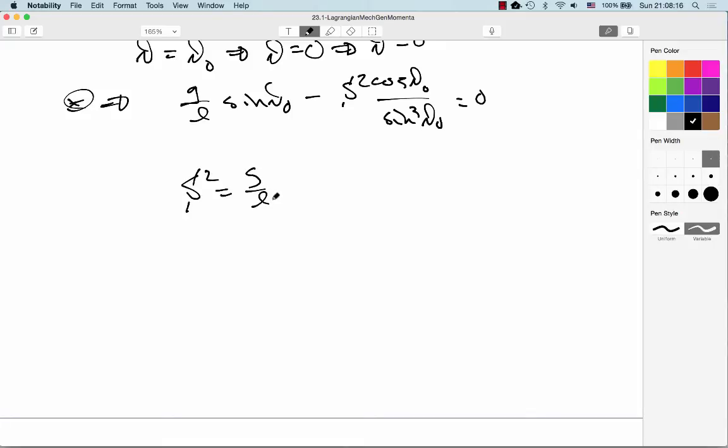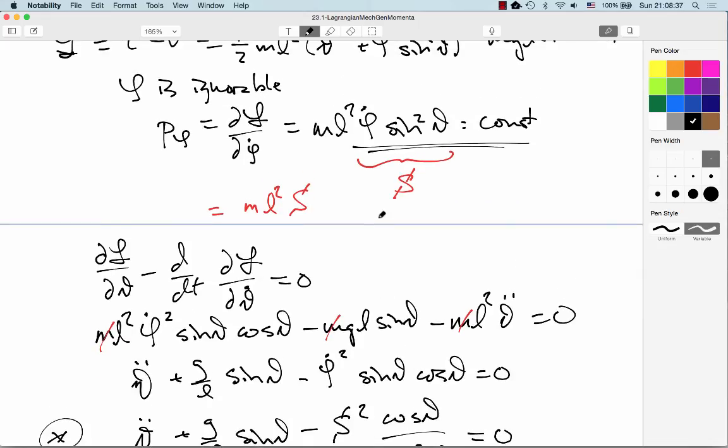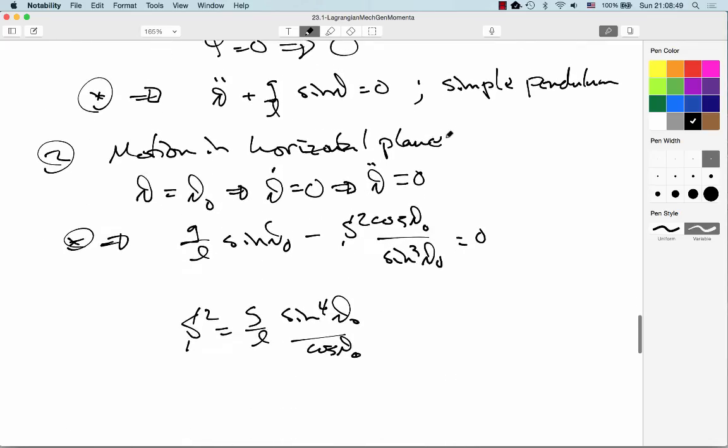That'll be equal to g over L times sine to the 4 theta naught over cos theta naught. But remember, s was phi dot sine squared theta. In this case, it'll be phi dot sine squared theta naught at the point where we're evaluating that. So let's just put in for what that is.